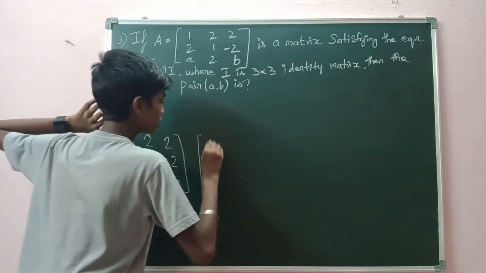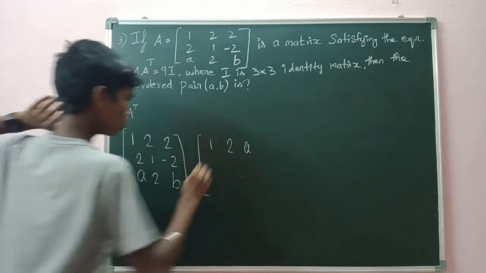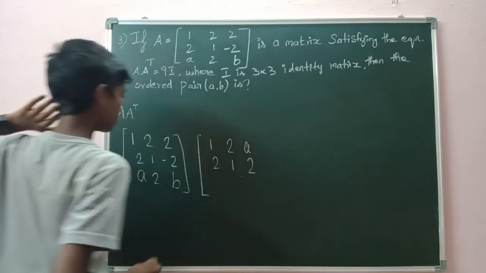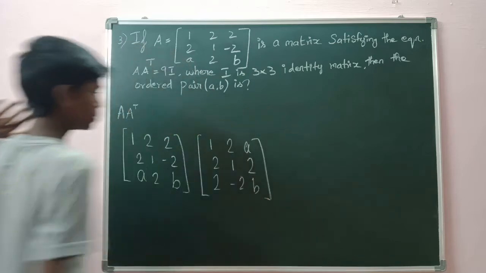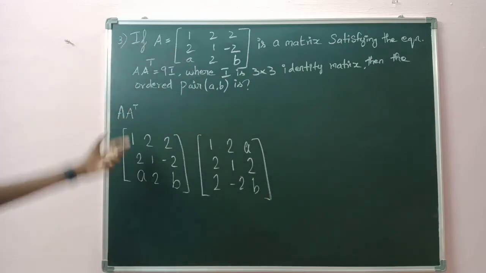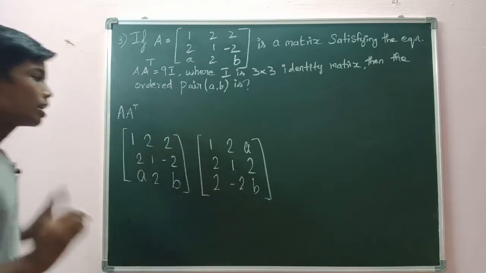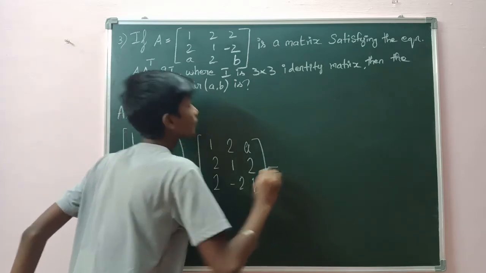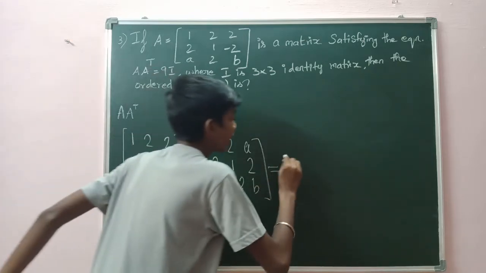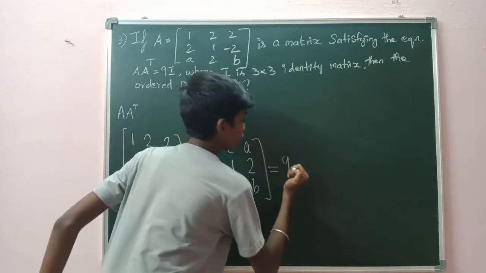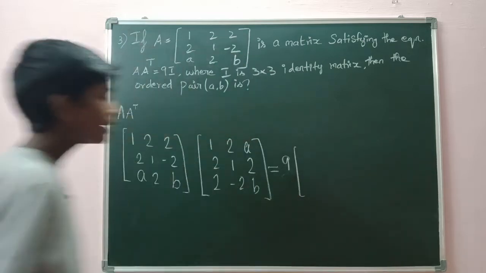That means I will get 1, 2, a, 2, 1, 2, 2, minus 2, b. Correct now? This is something you will get. A into A transpose, where A transpose has rows become columns, is equal to 9 into I, and they gave that I is a 3 cross 3 identity matrix.